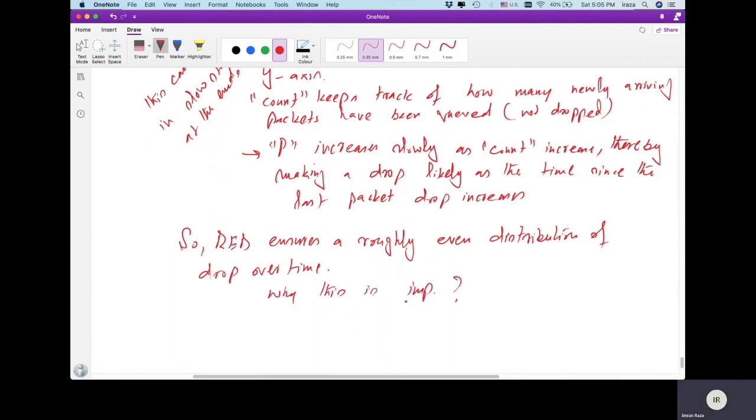Yes, it's important because this will make sure that drops are not happening in clusters. If, on the contrary, drops happen in clusters, this means the sender will go into a slow start.